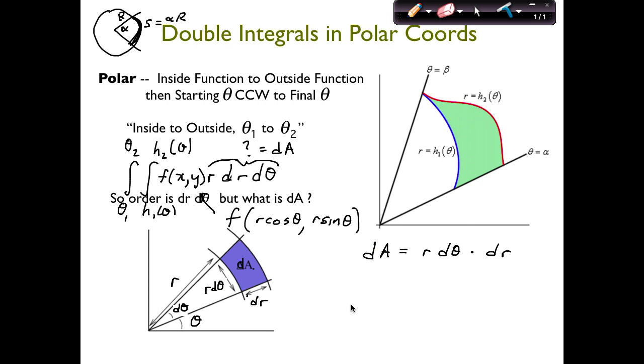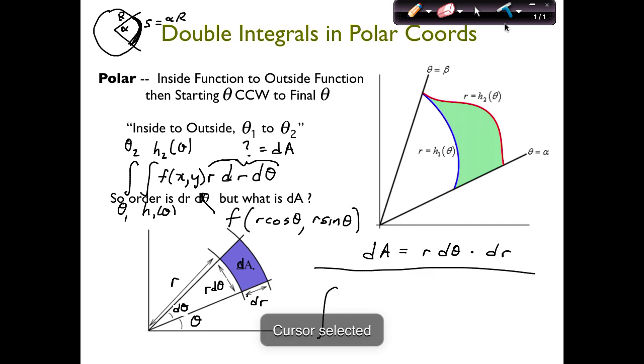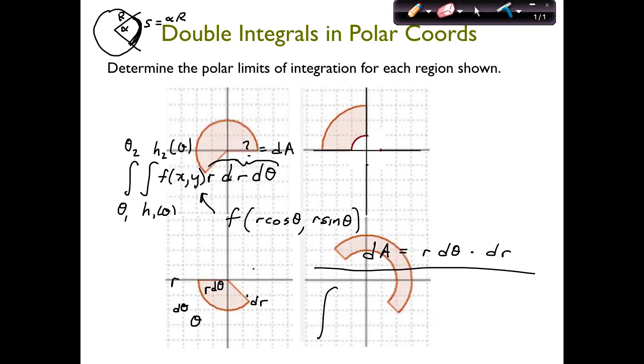Okay, so what happens to the r? Then our double integral is this. Instead of writing the whole thing again, we've basically got it written up there.